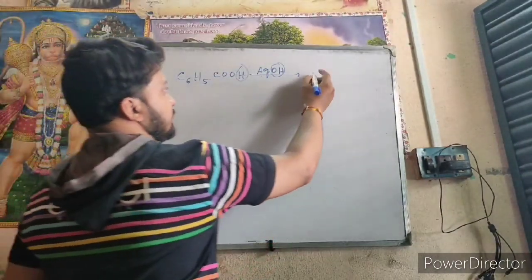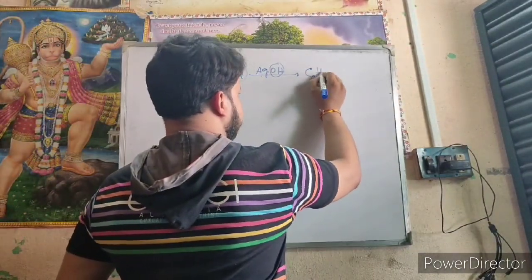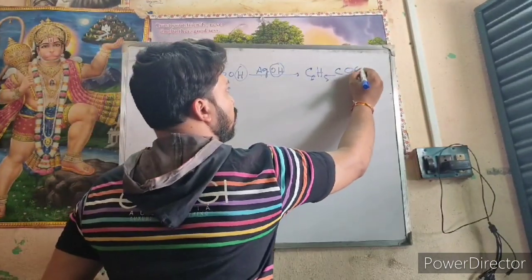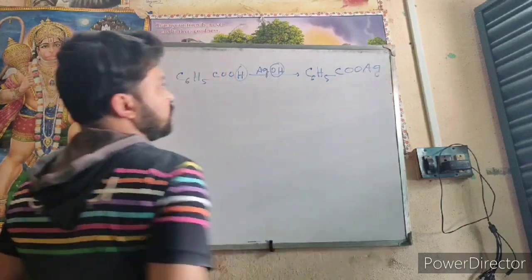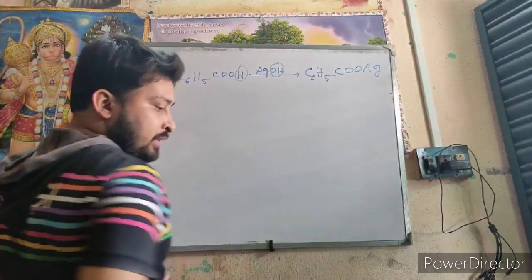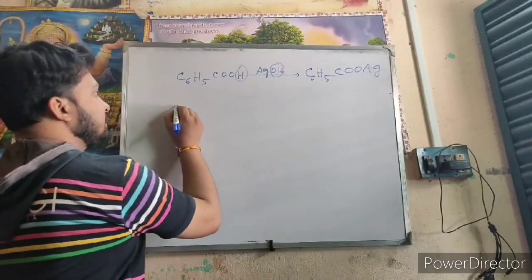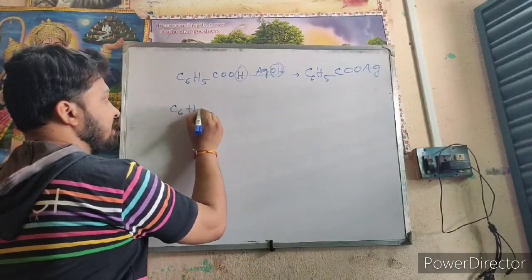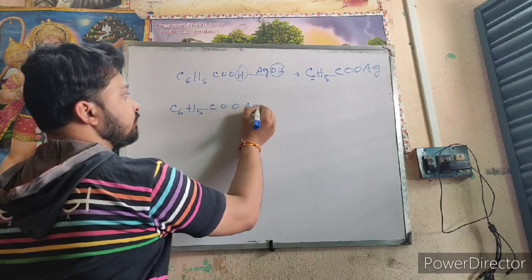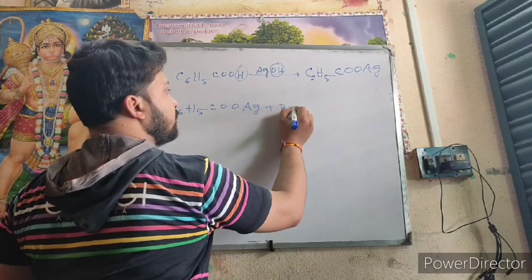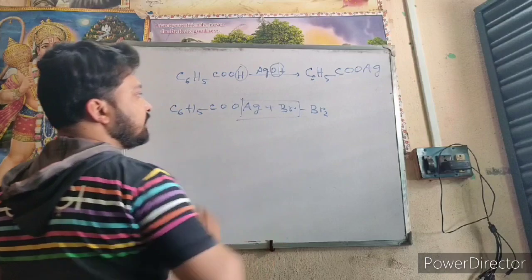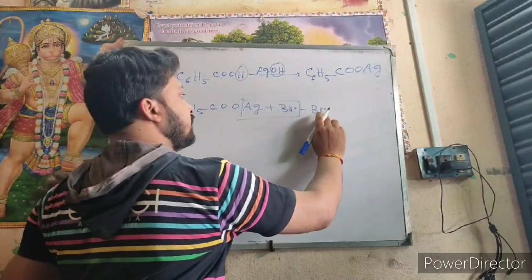So the compound is C6H5COOAg. Firstly, you prepare this, and then this C6H5COOAg reacts with bromine, that is Br2, and AgBr is removed.